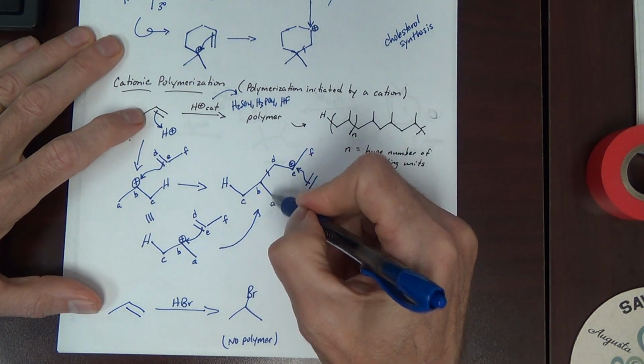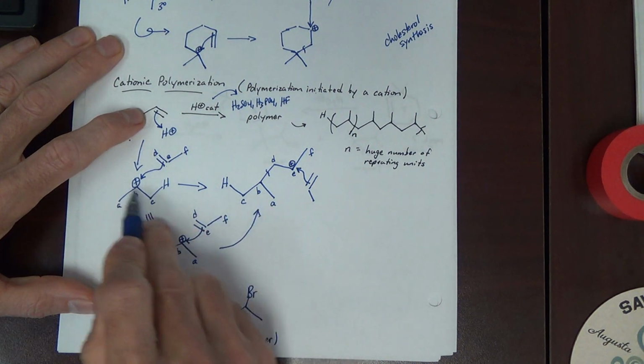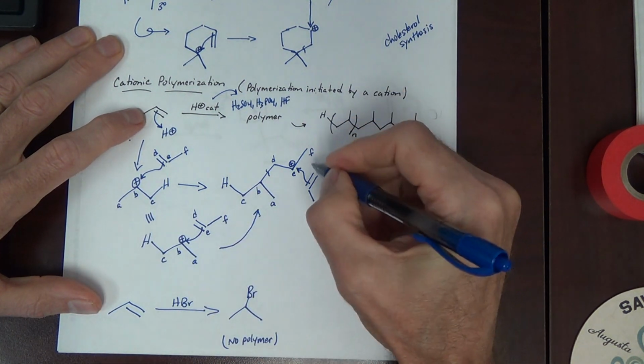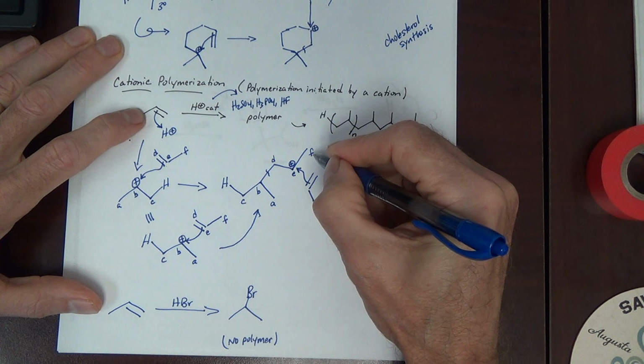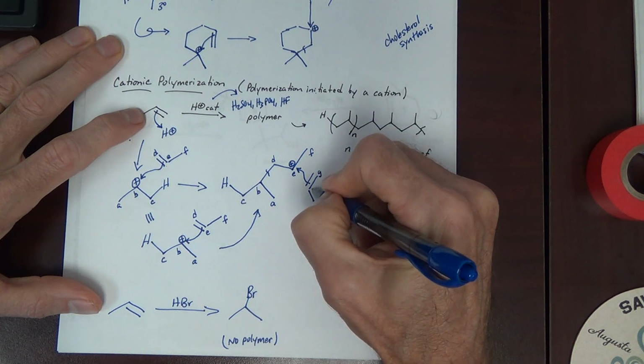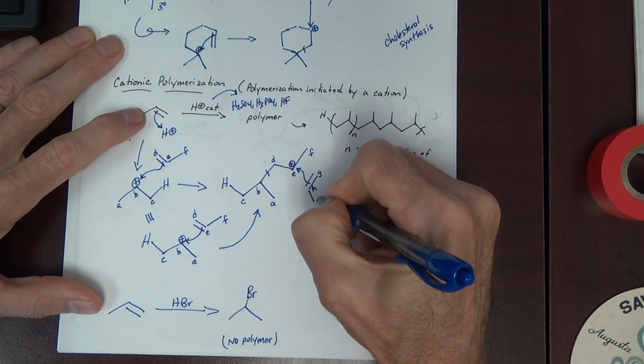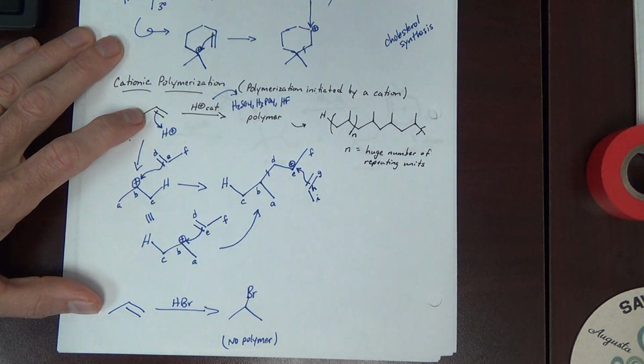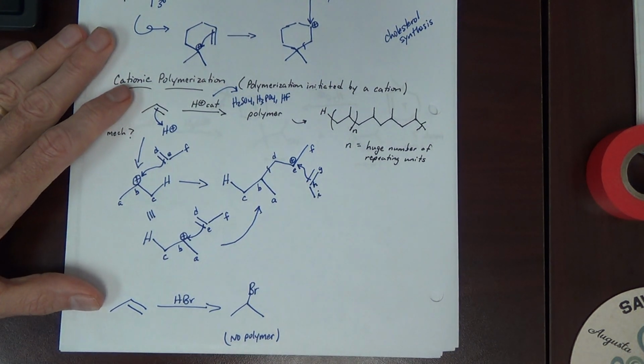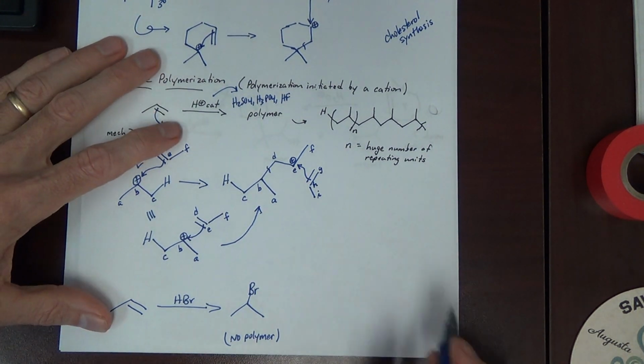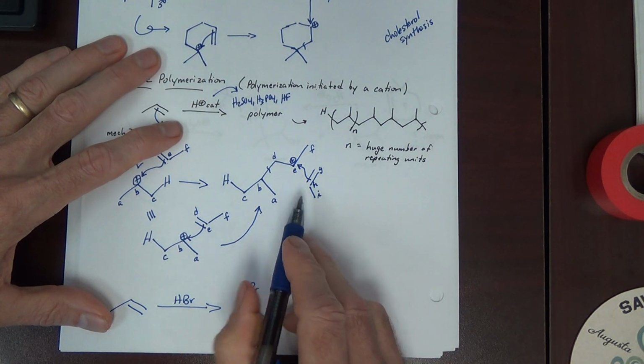My lettering is not going to be just A, B, C, D straightforward. E, F, G, H, and I. So what's now bonded to E?